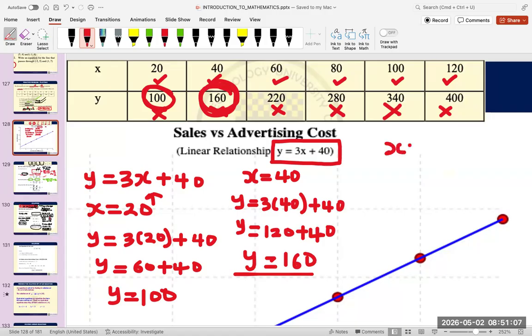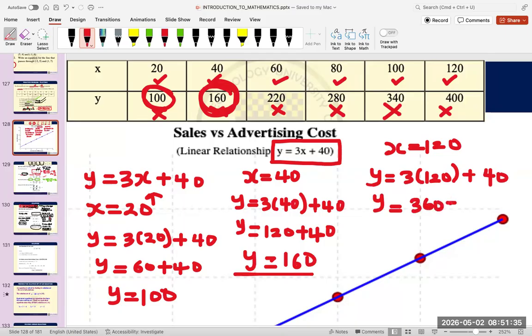Assuming x is 120 and we don't know y, we use our model. y is equal to 3 times 120 plus 40. 3 times 120 gives you 360 plus 40, and finally y equals 400. And that's the 400 you are seeing.